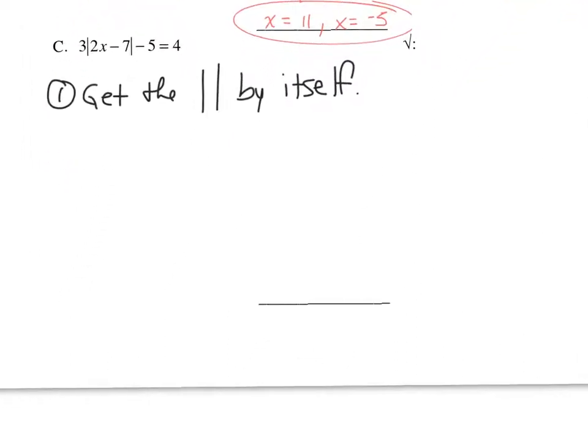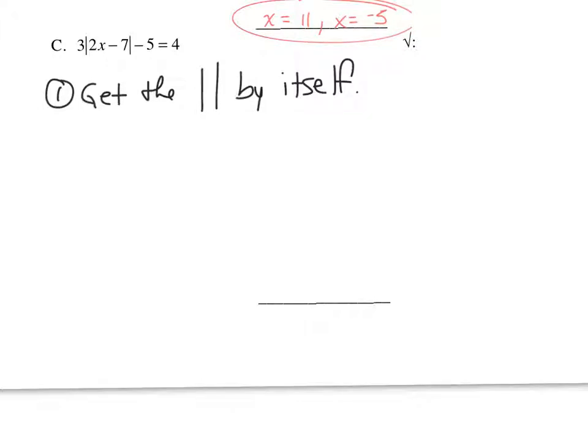All right, so what does that mean? What should we do? Distribute. No, we do not ever distribute. So let's write that down. Do not distribute. So instead, what else can we do to get this thing all by itself?